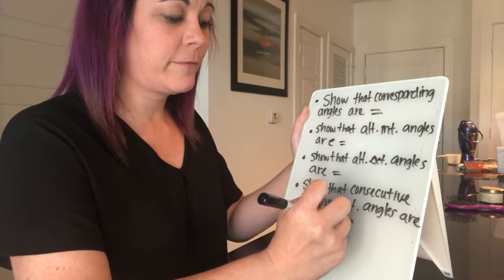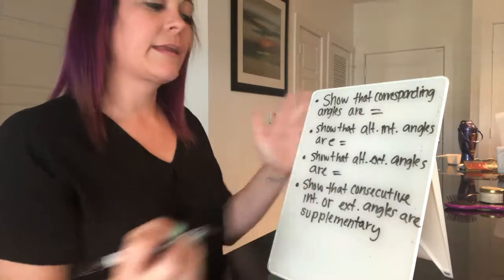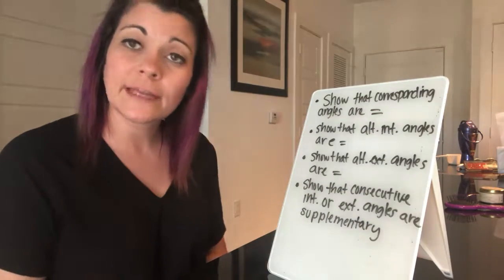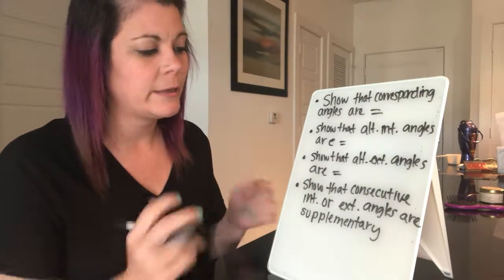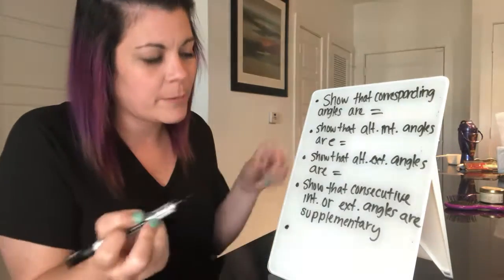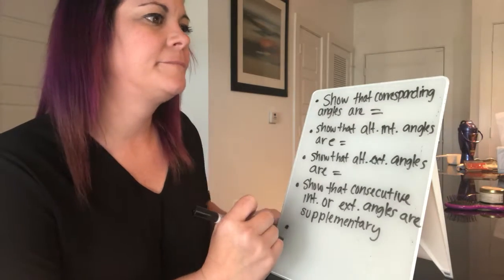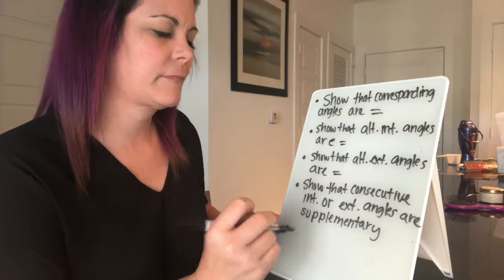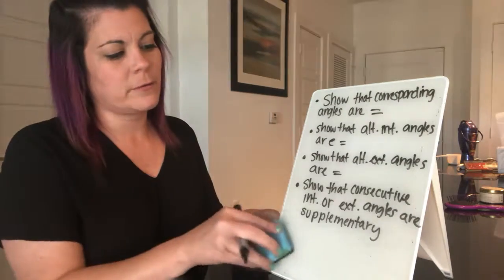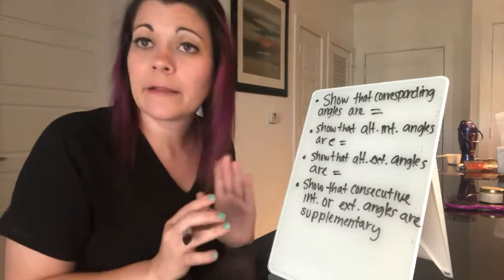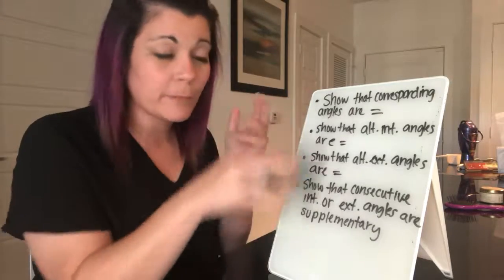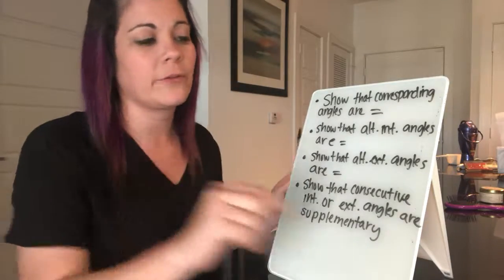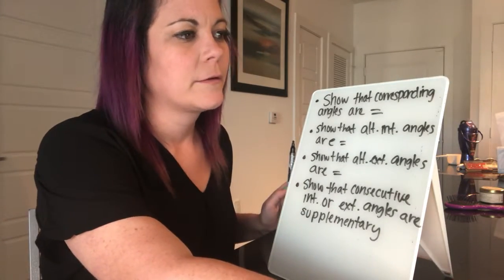So if you can prove that consecutive interior or consecutive exterior angles are supplementary, then you can say that the lines are parallel. So those are your ways to prove that lines are parallel. If you can prove any of these things, then you can prove that those lines are parallel.